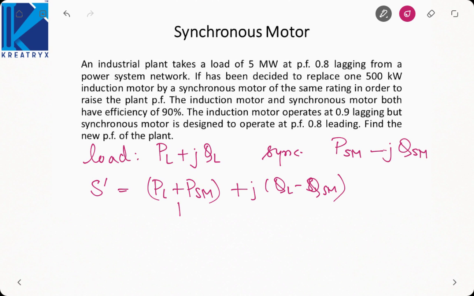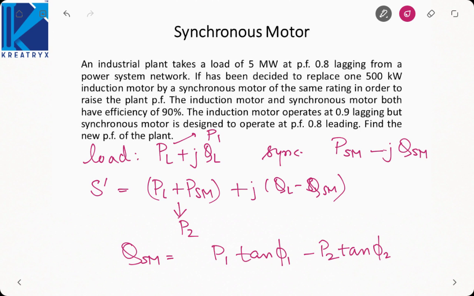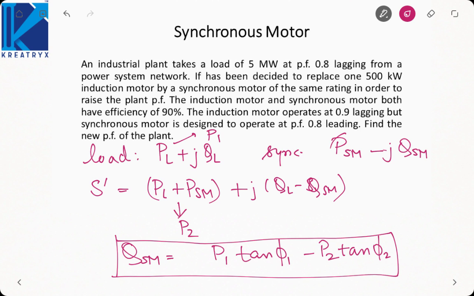So, this we call as P2, this we call as P1. Basically the objective is to find QSM. It will be P1 tan phi 1 minus P2 tan phi 2. This formula you always have to remember, and this PSM is the real power of the synchronous motor. Now assume that PSM was 0, that is, the synchronous motor does not consume any real power.